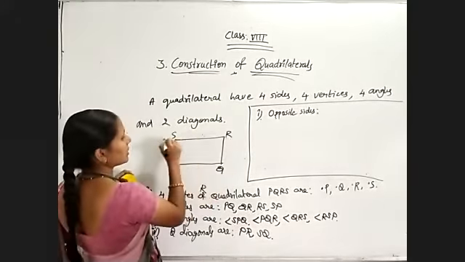Now opposite angles. Opposite sides over, now opposite angles. For angle P, which one is opposite? Angle R. So angle P, angle R is my first pair, and my second pair is angle S, angle Q. That's all.